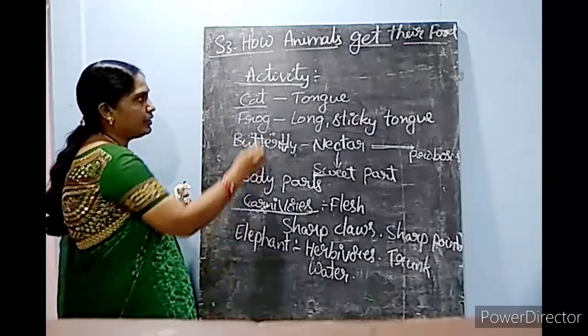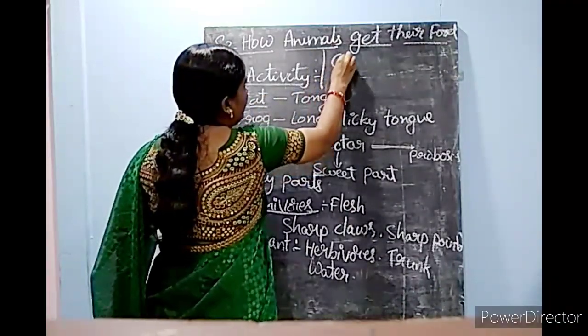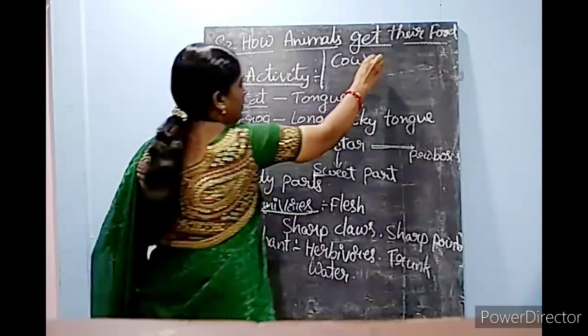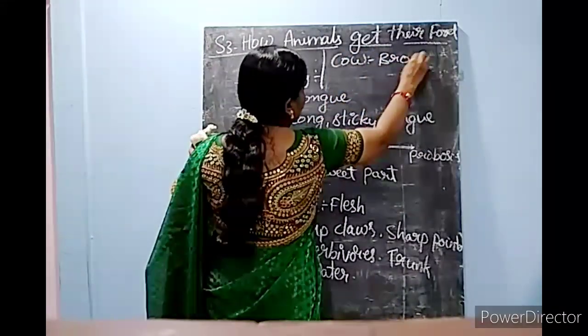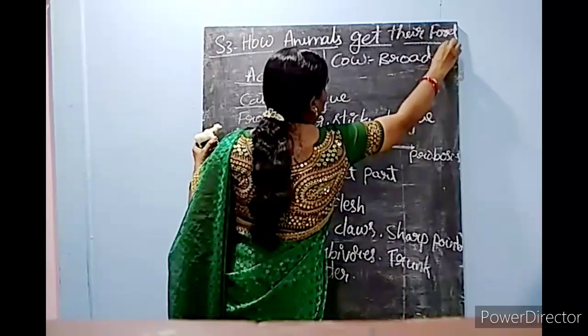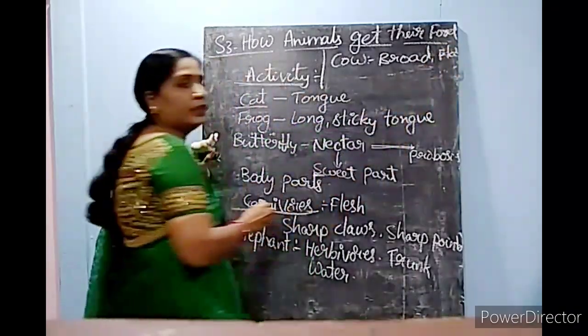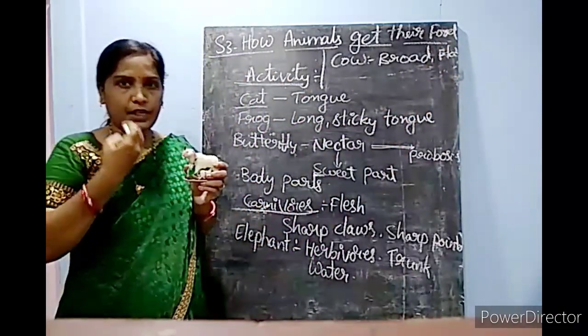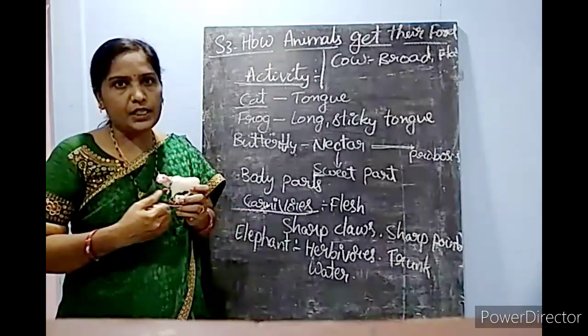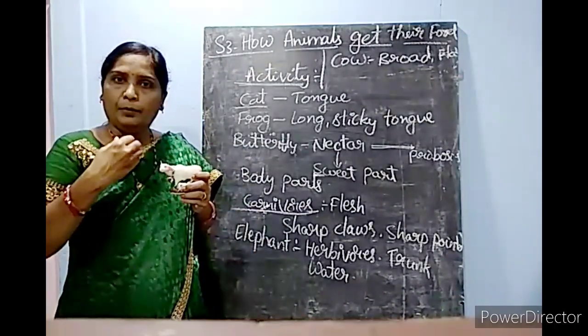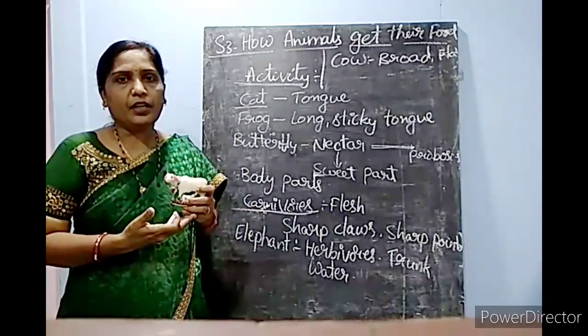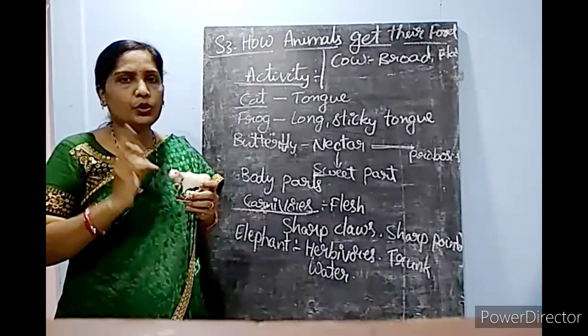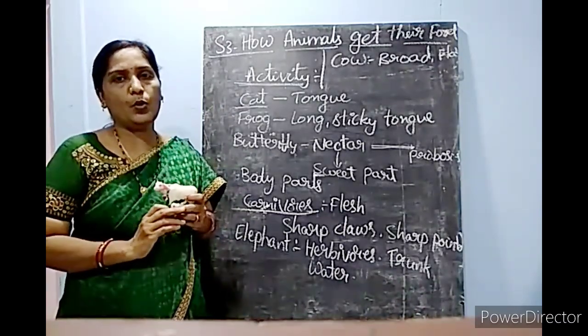In yesterday's discussion, we learned that the cow has broad and flat teeth. With these broad and flat teeth, the cow takes its food and eats its food. But the speciality of the cow is, it won't chew the food before swallowing.